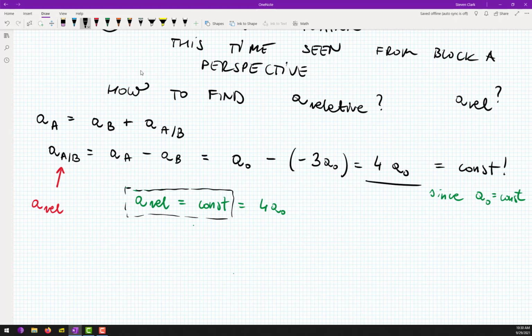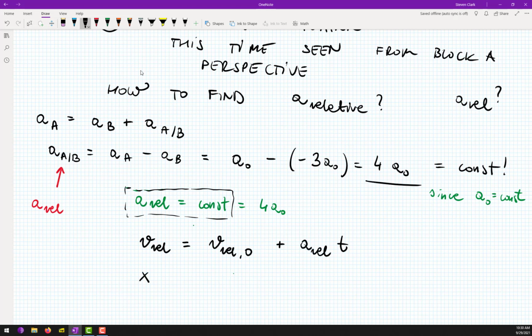So they asked us to find time. So I would like to integrate twice, okay? And since A relative is constant, we can write such an expression. V relative is equal to V relative 0 plus A rel t, yeah?